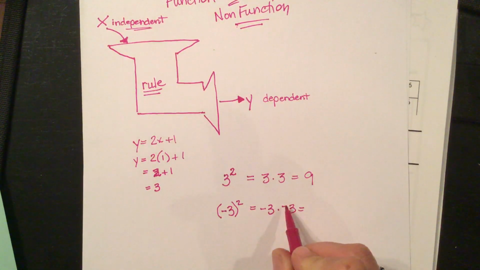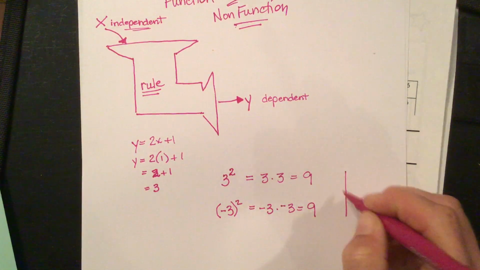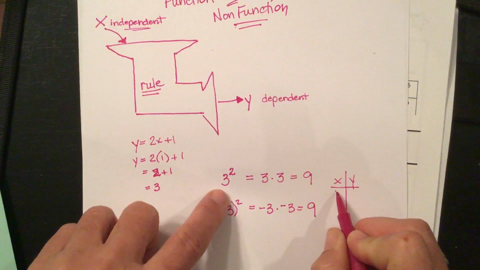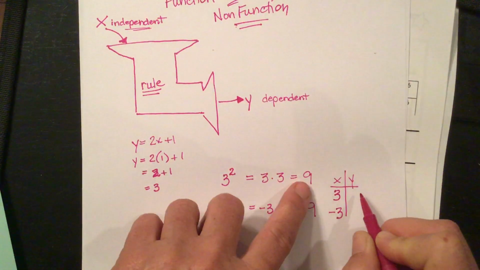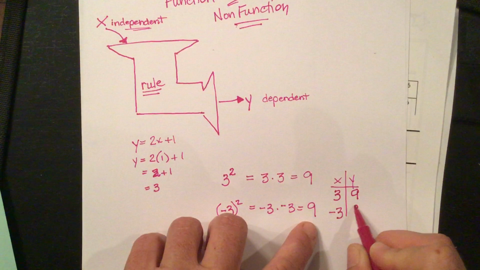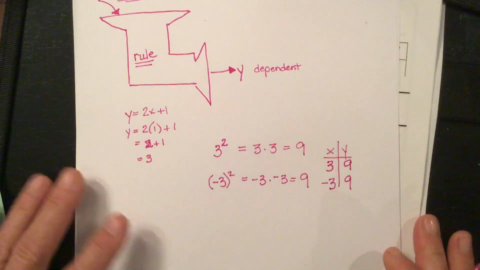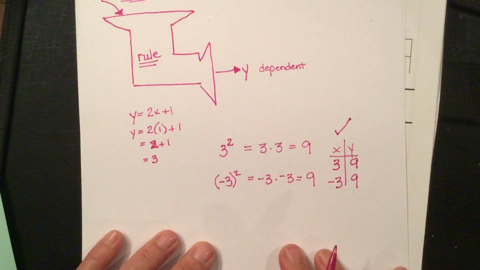A negative times a negative is always positive. So what you have here is a different input, but I can get the same output. There is a difference. Okay? This is a function, all right?